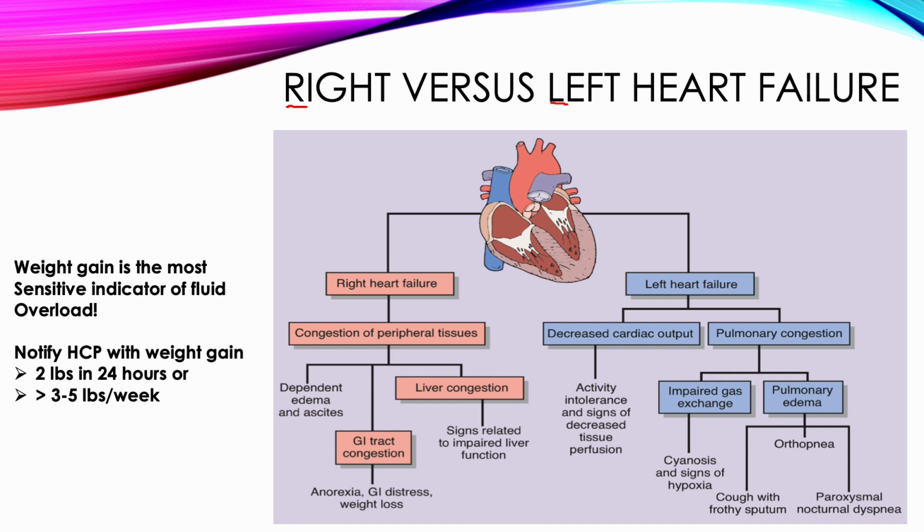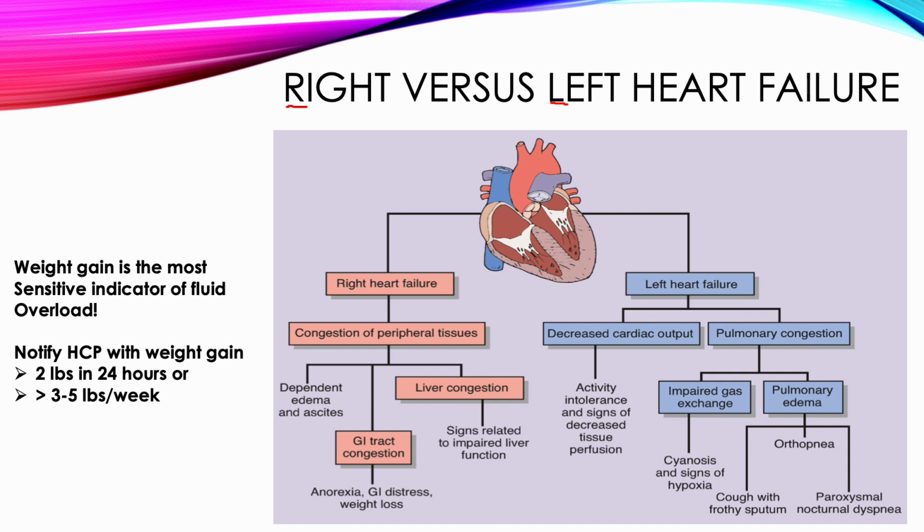On the left side, remember, if you follow where the left ventricle pumps, it pumps into the lungs, right? So if they're congested, then the patient's going to have signs of left-sided heart failure, which means they're going to develop pulmonary edema. So they're going to have pulmonary congestion.